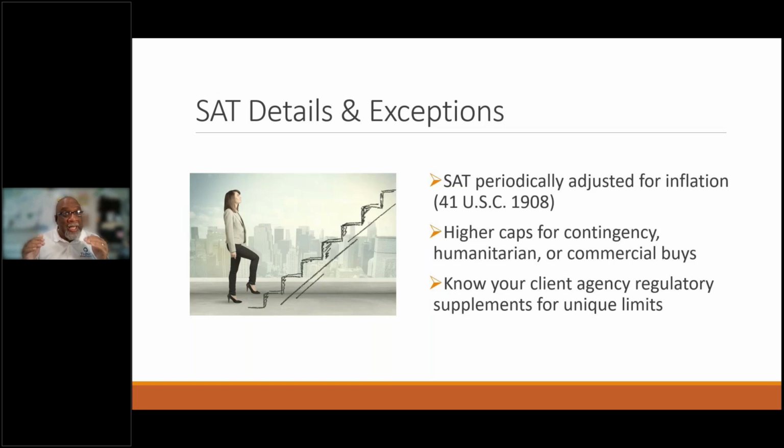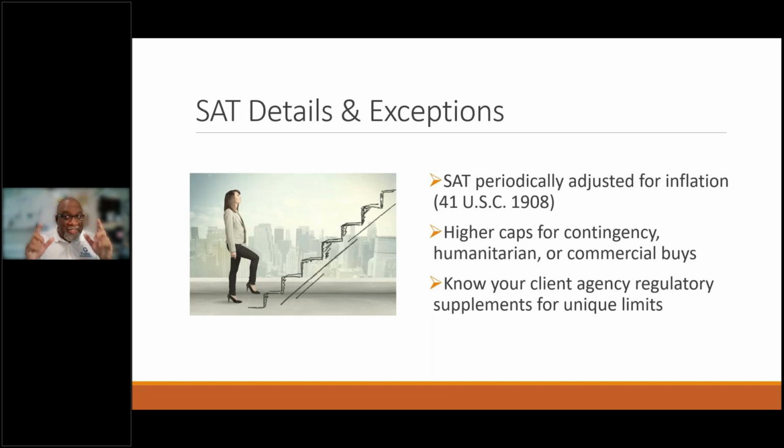Okay, significant move, $250,000 to $350,000. A similarly situated inflationary adjustment for the micro purchase as well, from $10,000 to $15,000. Okay, almost actually a 50% increase in the micro purchase threshold.